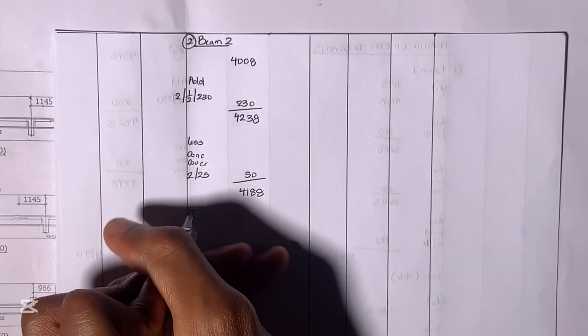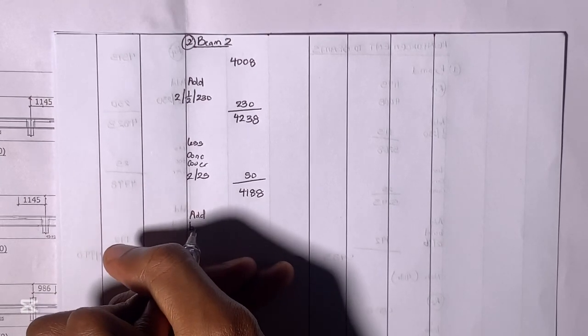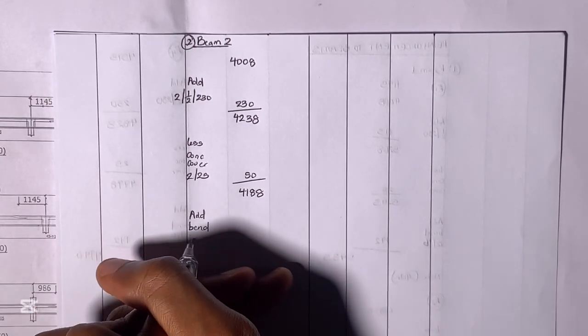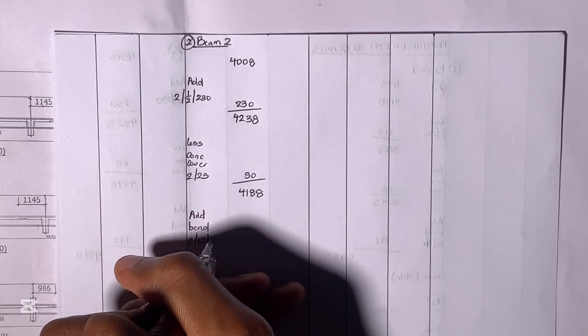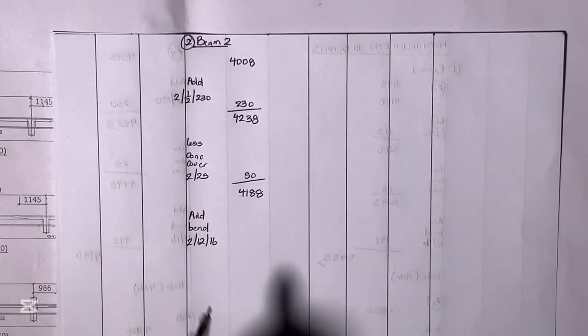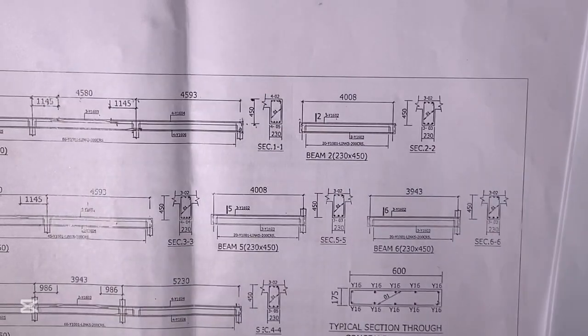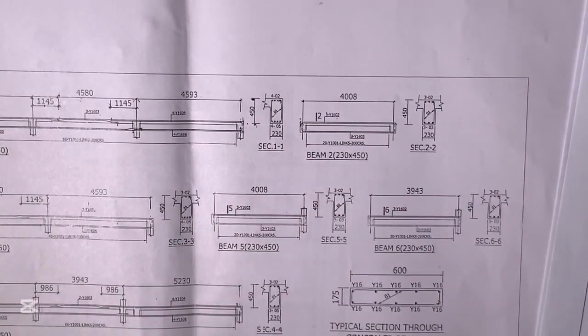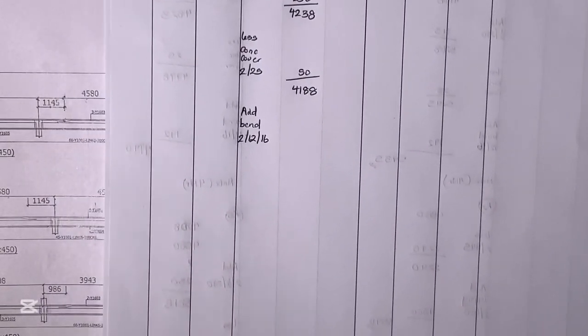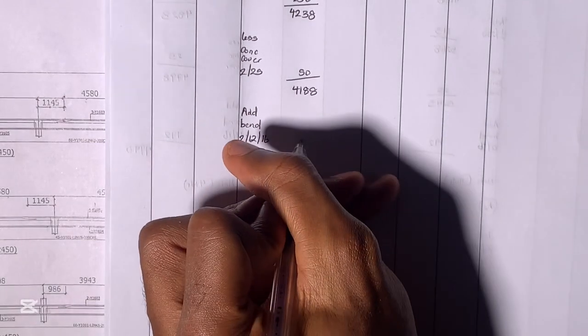We'll now add bend. So the bend will be 2 by 12 by D, which is 16. Remember, we're adding bend because the bend is found on the two sides of the reinforcement, here and here. So 2 times 12 times 16 is equal to 384.